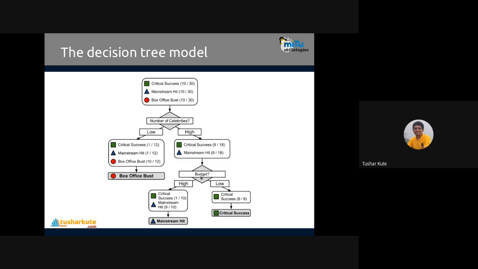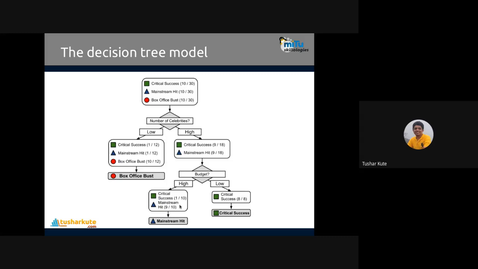So if you put a split over there, out of 18, 10 movies are in the high budget category and 8 movies are in the low budget category. But out of these 10, 9 are mainstream hit and 1 is critical success. And out of these 8, all 8 out of 8 are in critical success. Critical success. Correct. So your decision is finalized here, critical success.